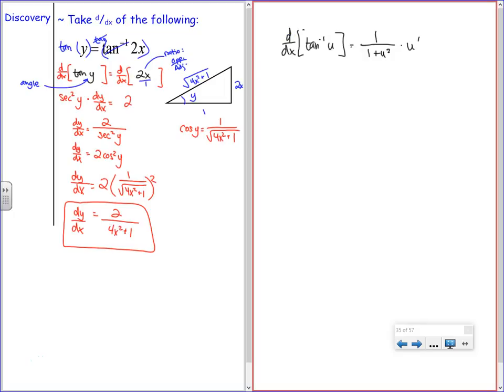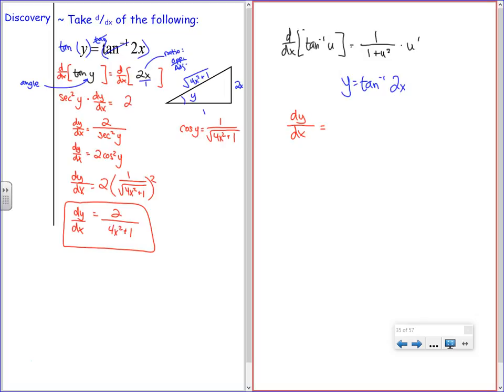1 over 1 plus u squared times u prime. Question. In this example, when we're trying to find the derivative of y equals tangent inverse of 2x, who is u? 2x, right? So if I just plug and chug it into my formula, then I could say dy dx, remember, because y is alone, the derivative of y is dy dx, go to the other side.